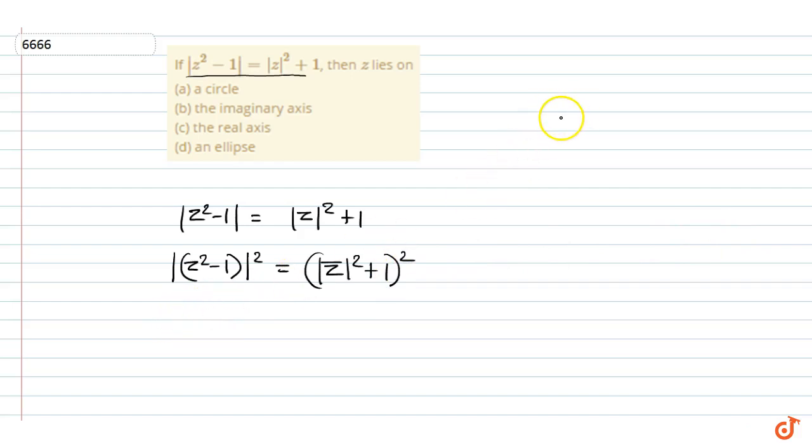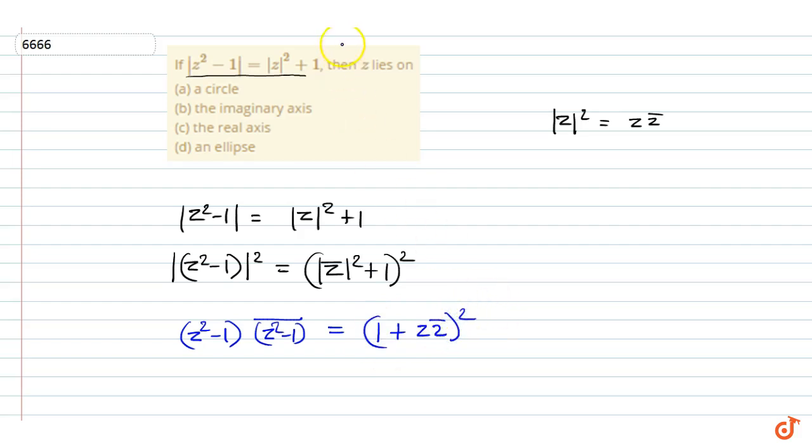We know that mod z the whole square is equal to z z bar. Applying this formula, we will get mod of z square minus 1 equal to one plus z z bar the whole square.